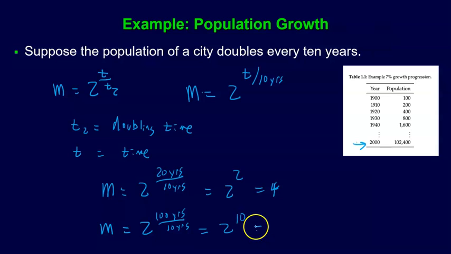So I get 2 to the 10 power, which, if you plug into your calculator, I got 1024. And so again, just like last time, what that means is we take that number of 100 people and multiply it by that constant m. And when I did that, I got this number that we're looking at, 102,400 people.